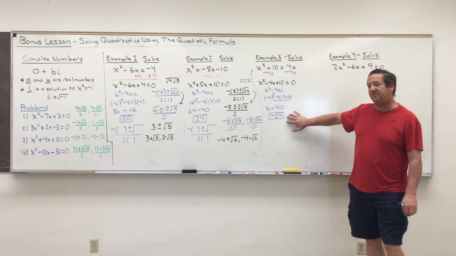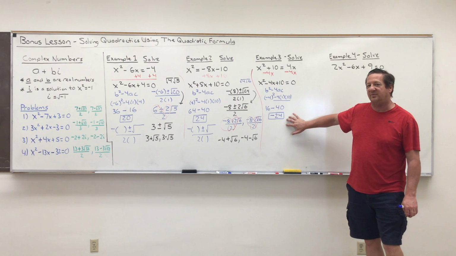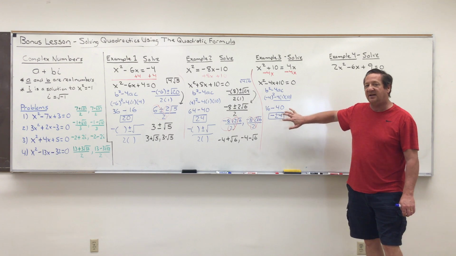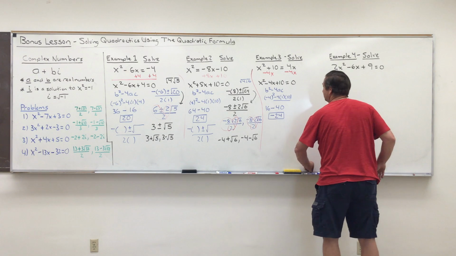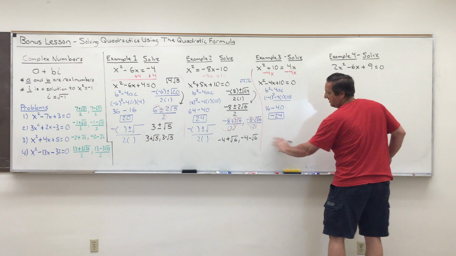Now, notice in the past, this is where we write no solution. We're not going to do that anymore. Okay? We don't have to do that anymore. We can actually solve this and get an imaginary solution. So let's plug in. I'm not going to do the template.